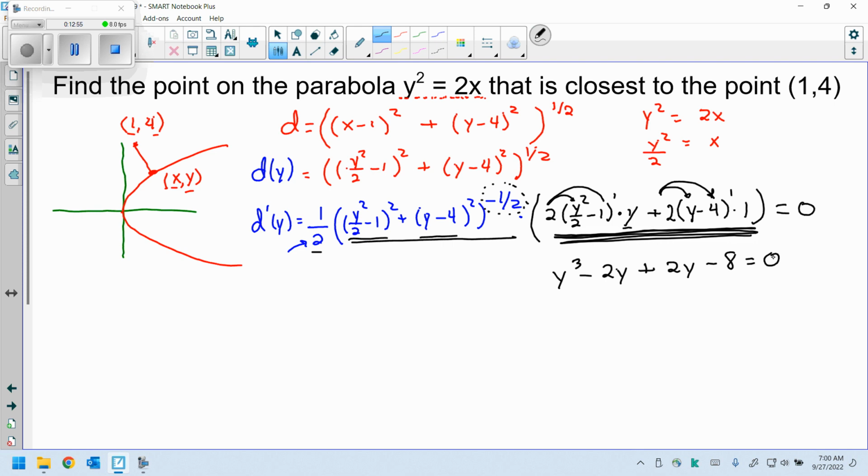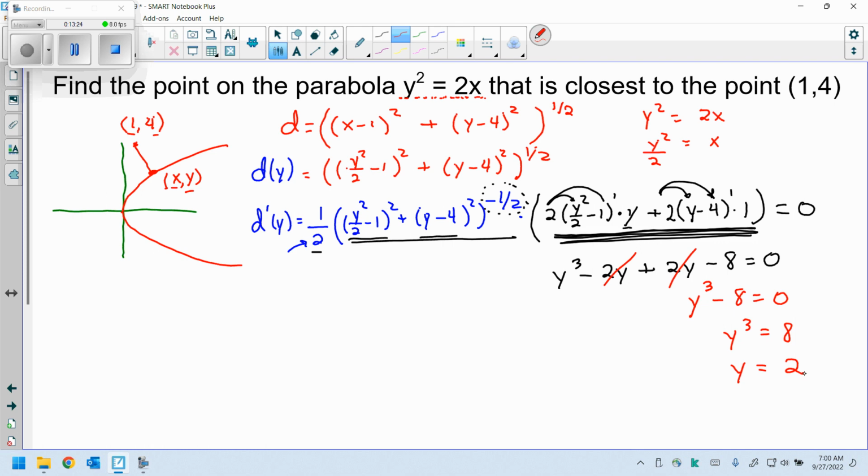Well, that's pretty nice. Those cancel out, and y cubed minus 8 equals 0. y cubed will equal 8, so y will equal 2. And so I want to find the point.